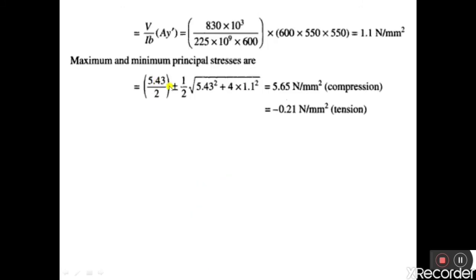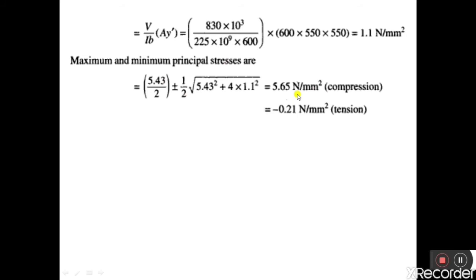So 5.43 by 2 plus or minus 1 by 2 square root of 5.43 square plus 4 into 1.1 square. So this 1.1 is the maximum shear stress at the support. The shear stress at the support we have calculated in the previous step, that is 1.1 Newton per mm square. So substituting the values, we will get the minimum and the maximum principal stress developed along the support.